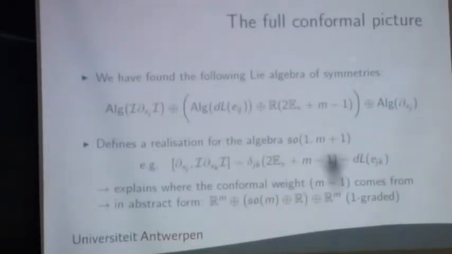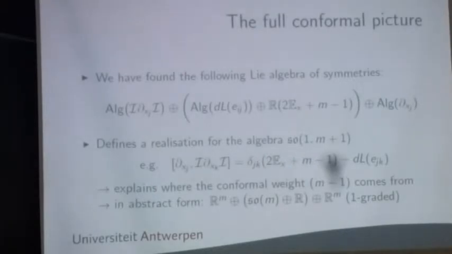So the full conformal picture, and the word conformal here refers to conformal invariants or conformal Lie algebra. We have found 4 types of symmetries. I started with translations, I added rotations, then I had this Euler symmetry, and I finished with transversions, inversions composed with translations. So that's 4 types of symmetries, and they define a Lie algebra.